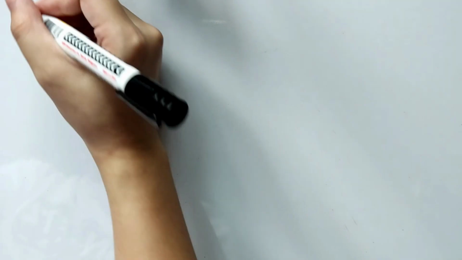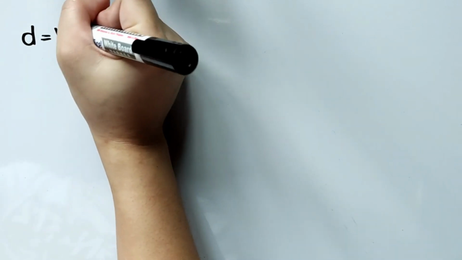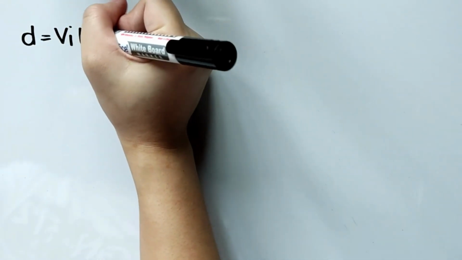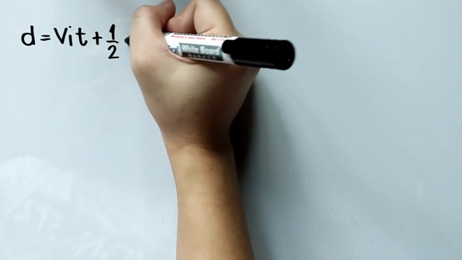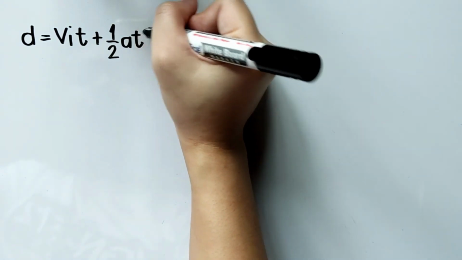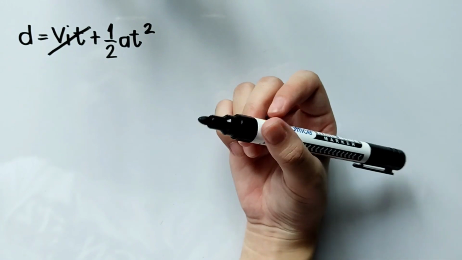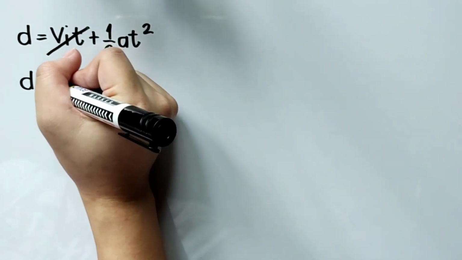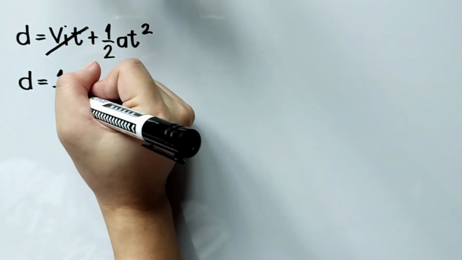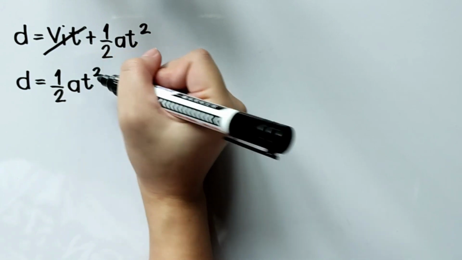After getting the acceleration, we can now get the distance. For the distance, we can use the equation d equals v_i t plus 1/2 a t squared. We can cancel the first term out since it is just going to be 0, and we will be left with 1/2 a t squared.